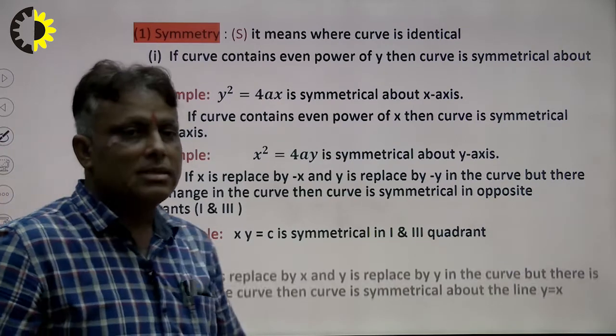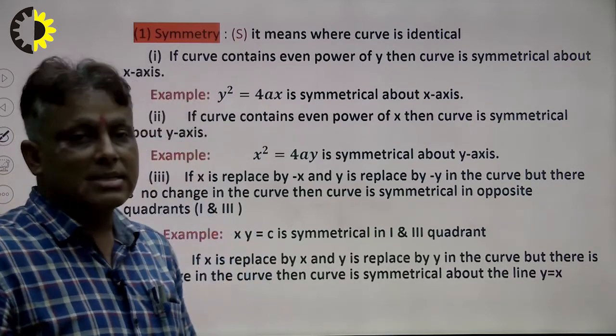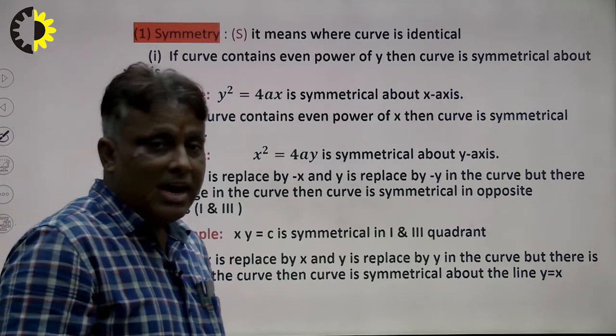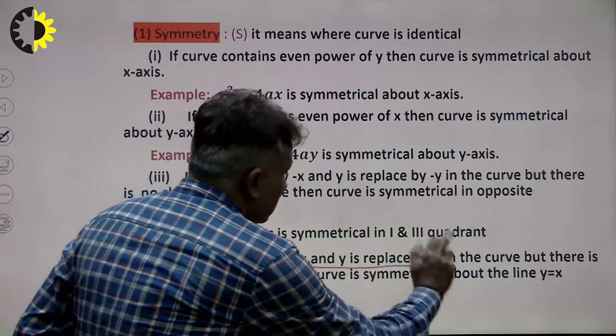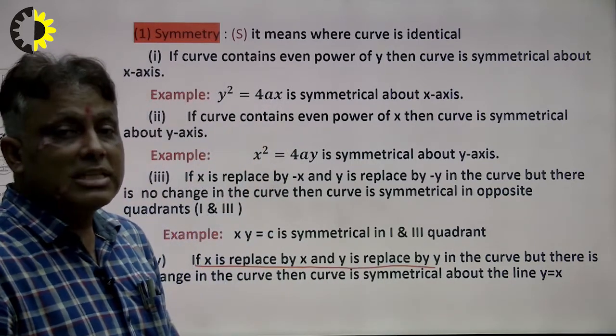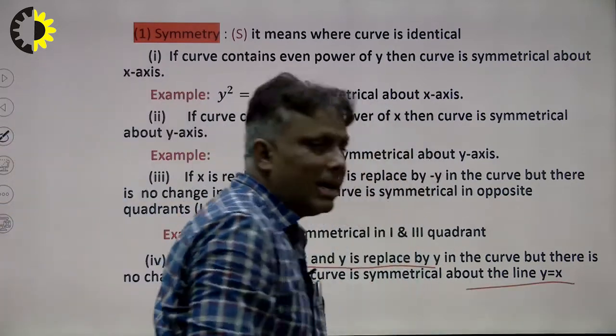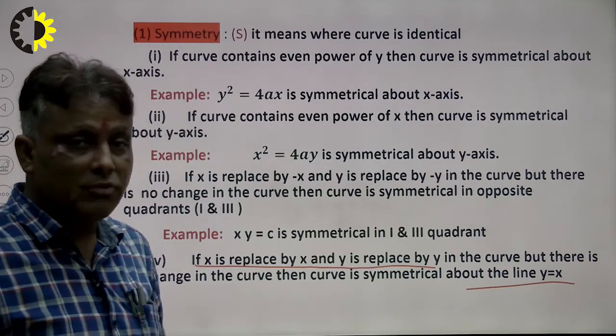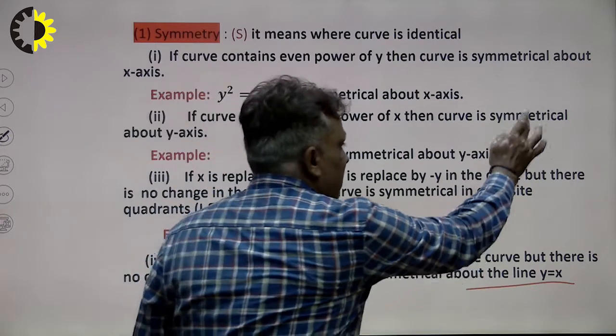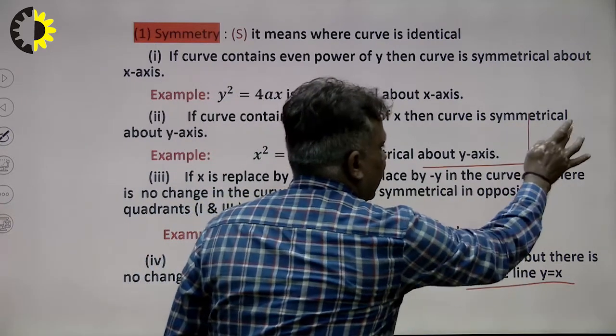Next symmetry: if x is replaced by y and y is replaced by x and there is no change in the curve, I write here, right? That means the curve is symmetrical about the line y is equal to x, and students know where y is equal to x is, right? I write here, this is the line y is equal to x.